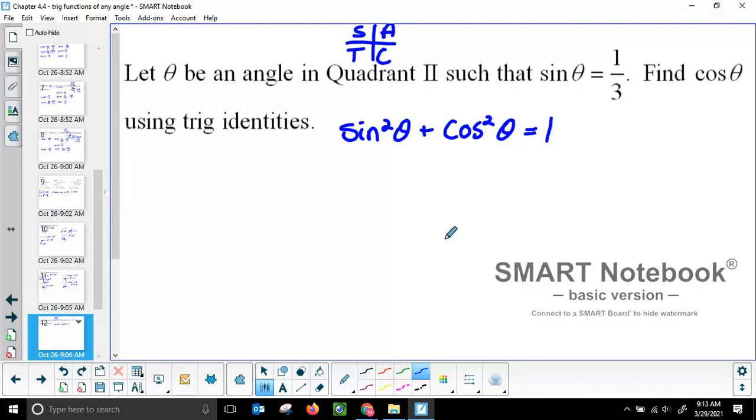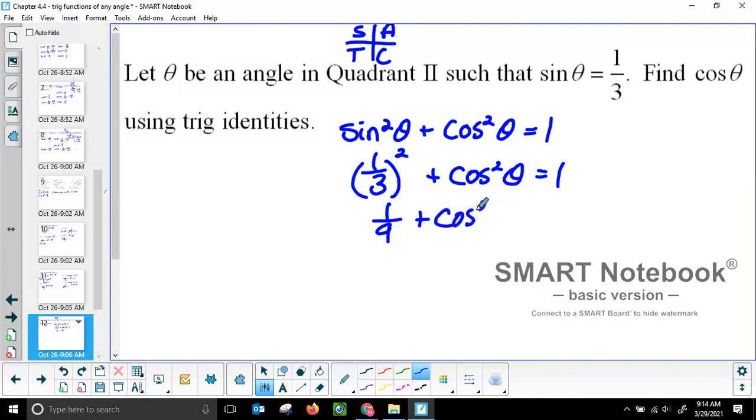We know that sine is 1/3, so sine squared is 1/3 squared, plus cosine squared theta is equal to 1. 1/3 squared is simply 1/9. Of course, 1 is the same thing as 9 over 9. So now I can subtract this easily, and we get cosine squared theta is equal to 8 over 9.